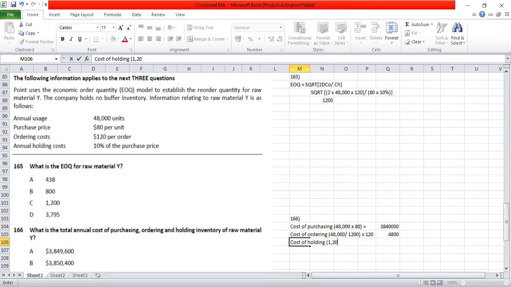So 1,200 divided by 2. So that is the average inventory. On this average inventory, then we apply the rate. Cost of holding the inventory is given as a percentage of purchase price. So here the purchase price is 80, into the percentage is 10%.